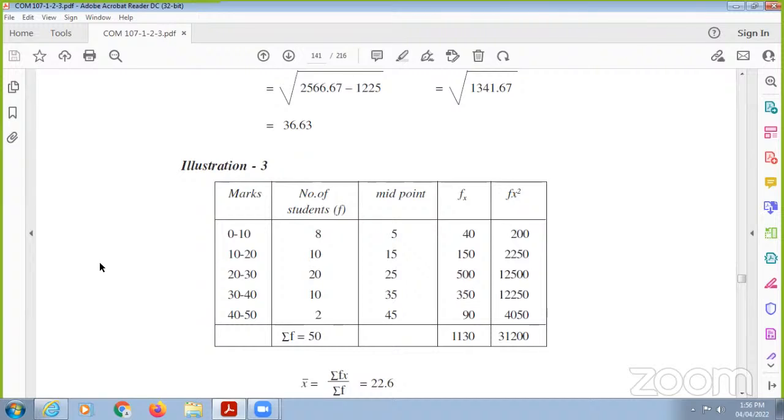The total of this column is 1130. Then multiplication here: 40 into 5, 200; 150 into 15, 2250; 500 into 25, 12,500; 350 multiplied by 35, 12,250; and 90 multiplied by 45, 4,050.